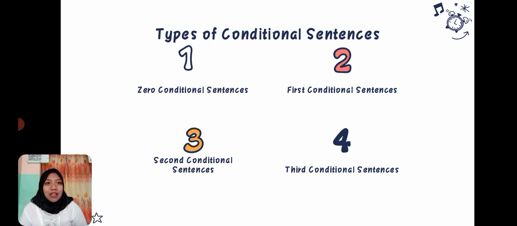Types of conditional sentences: Number 1, zero conditional sentences. Number 2, first conditional sentences. Number 3, second conditional sentences. Number 4, third conditional sentences.